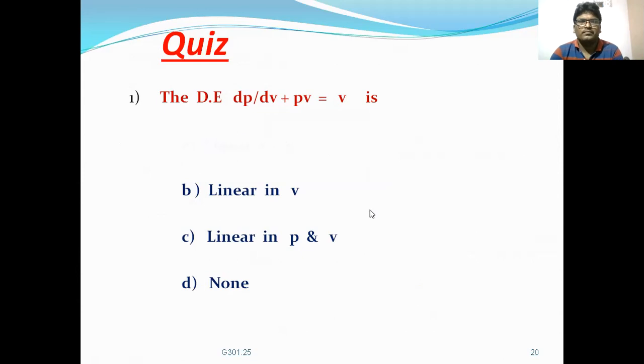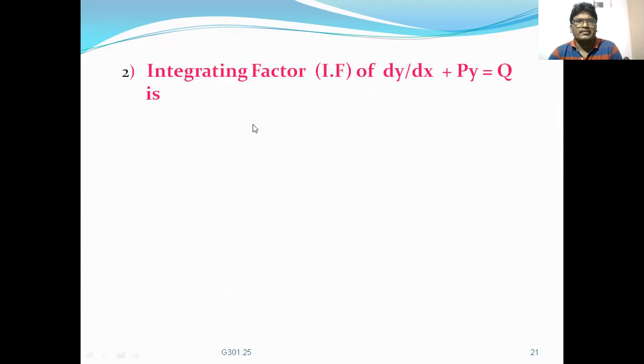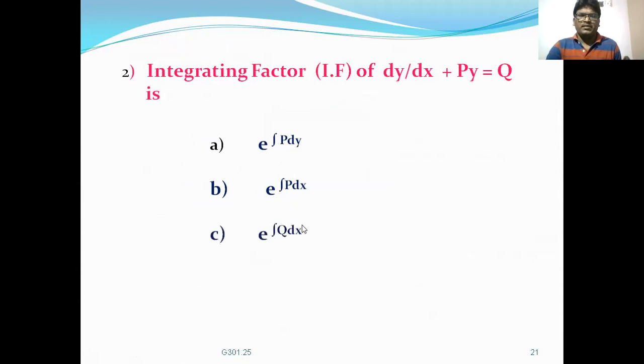So see here, you already know which is the correct solution. Next, the integrating factor of dy by dx plus py is equal to q is: integration of e power p dx, option B; integration of e power p dy, option A; p dx, option B; integration of q dx, option C; and option D is e power q dy.